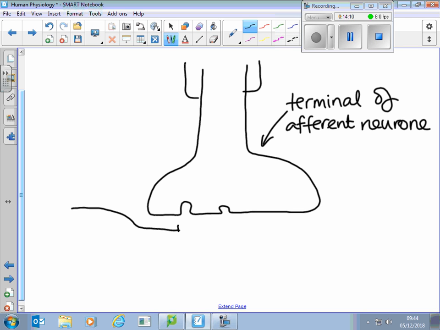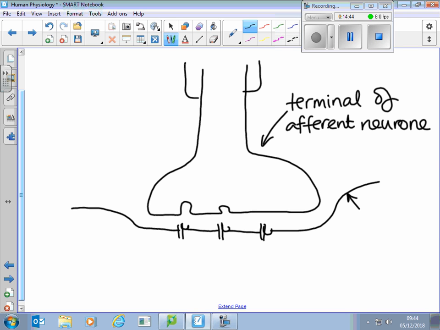I'm going to make that a channel. I need to reset the board. And associated with it, I'm going to put a little cup shape. That's not as good as I wanted it to be. So a channel with a little cup shape, and then a channel with a little cup shape, and that is our efferent neuron.